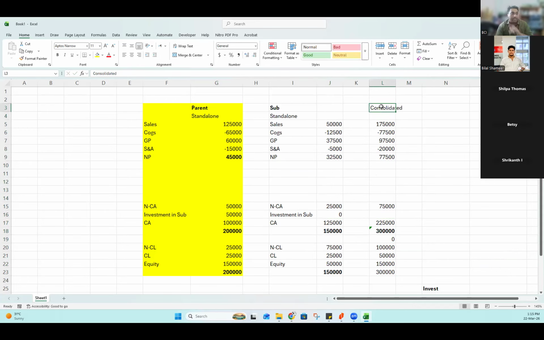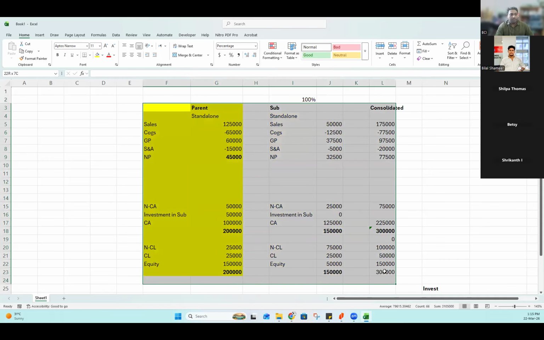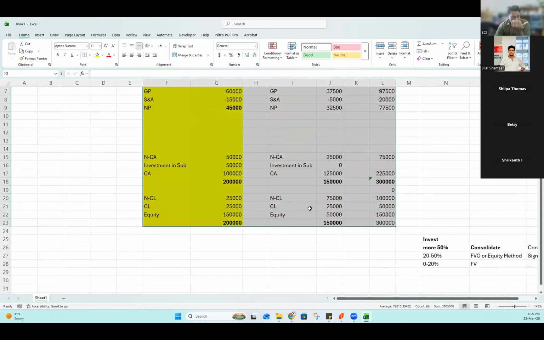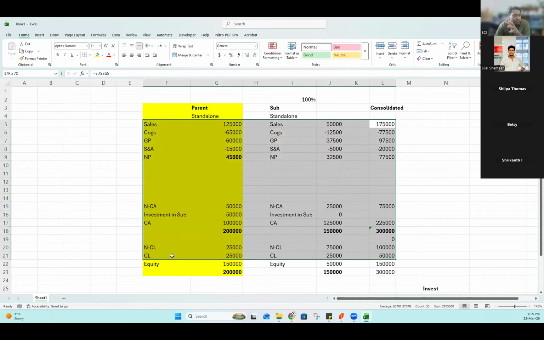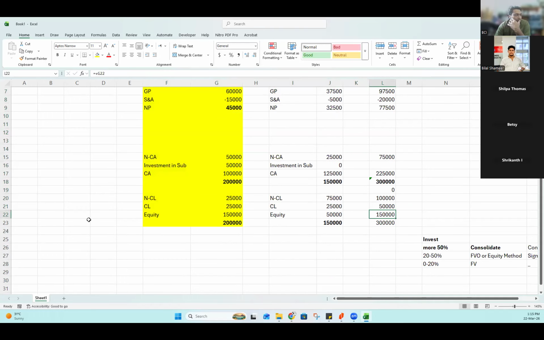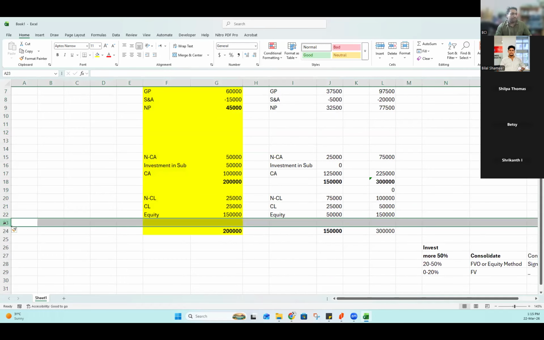Now, here we are talking about 100% ownership. Only in that case is the method like this. If you have investors with other interests, the non-controlling interest people, then all other things are the same. But inside the equity side, we will have a non-controlling interest part, which is a minus amount.